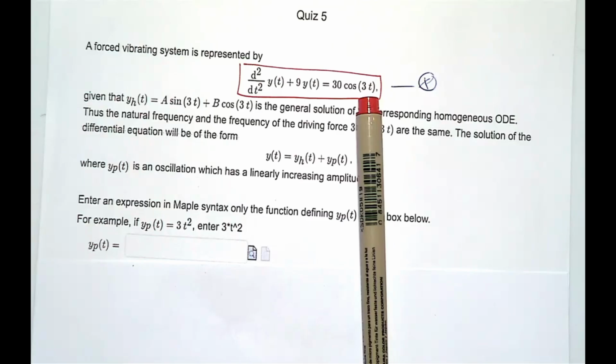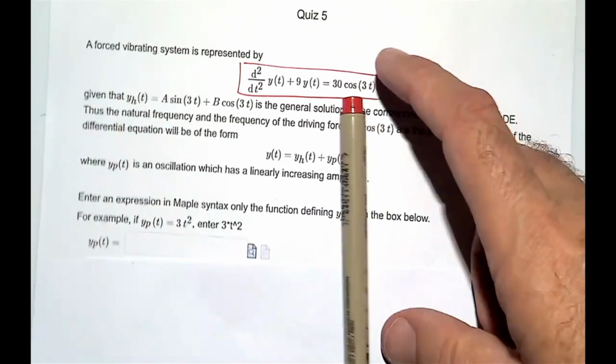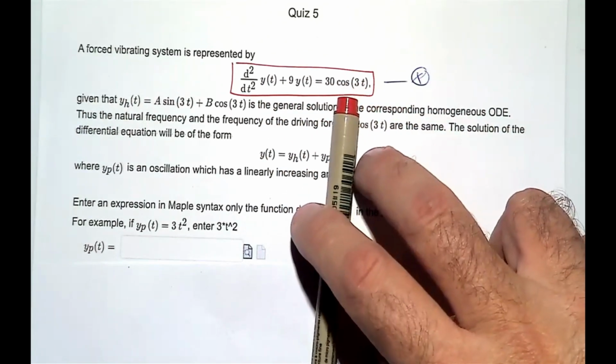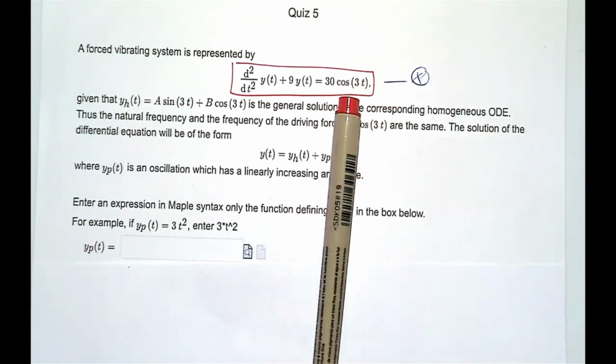Let's just try something. What happens if I differentiate this with respect to t? Just the right-hand side. What do I get? Okay. And what happens if I differentiate it one more time? I'm back to cos, right? And I've got a negative sign in front of the cos, right?